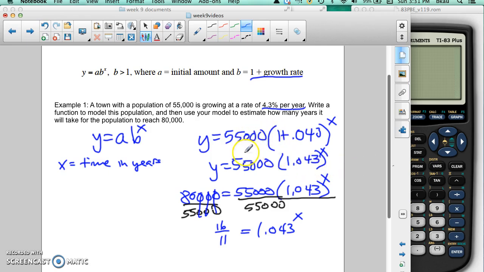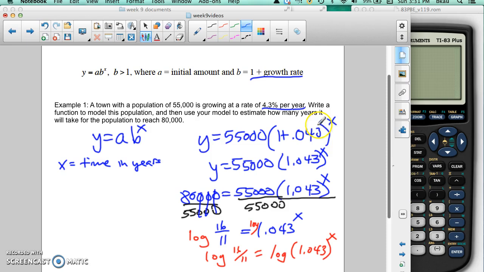Now we're going to take the log of both sides to be able to move this exponent down. So we're going to apply a logarithm. I'm just going to use a regular logarithm to both sides. So I'm going to write log of 16 over 11 equals log of 1.043 to the X power.